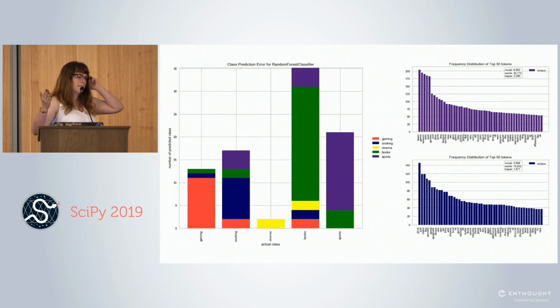Then on the right-hand side, what we can see are token frequency distributions of the top 50 tokens. But we're just visualizing those tokens from the classes where our classification performed the worst. That's helpful because then you can start to dig in and say, what is it that went wrong here when I was trying to do classification?